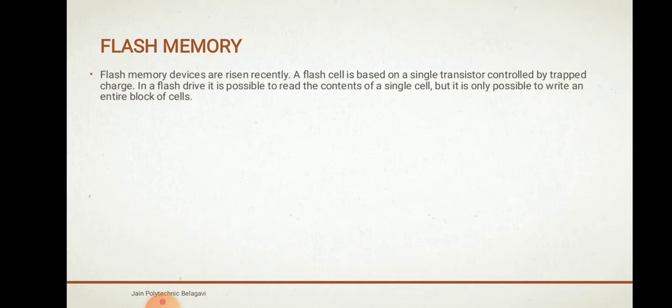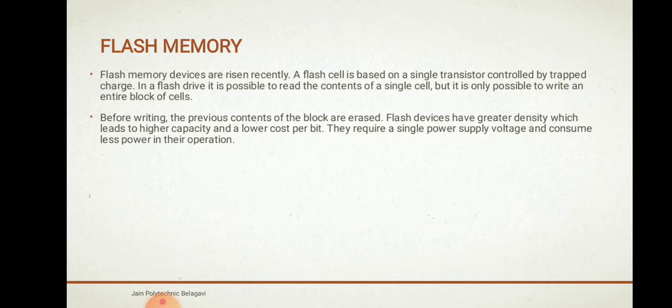You can't read the contents of more than one cell at a time, but it is only possible to write an entire block of cells. Now before writing, the previous contents of the block are erased. So if we want to write any data into the flash cell, the contents of that block should be erased.